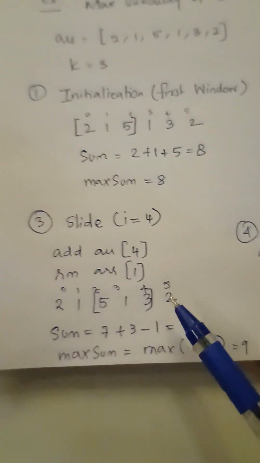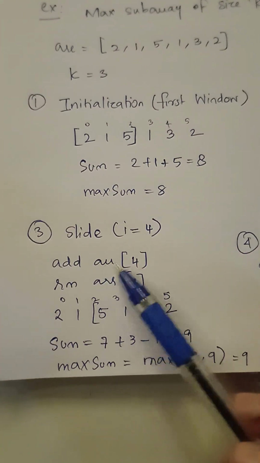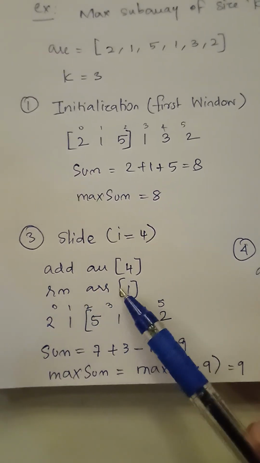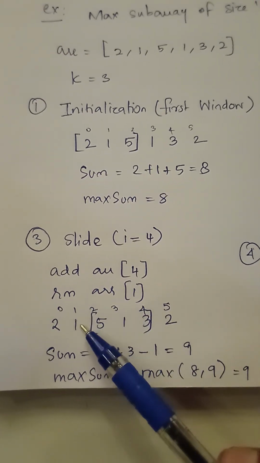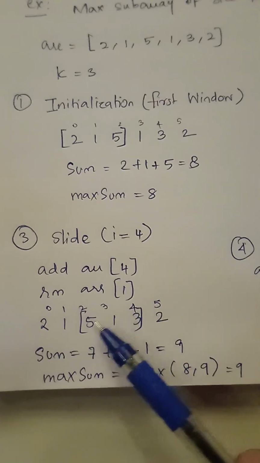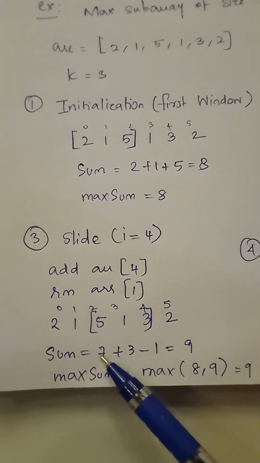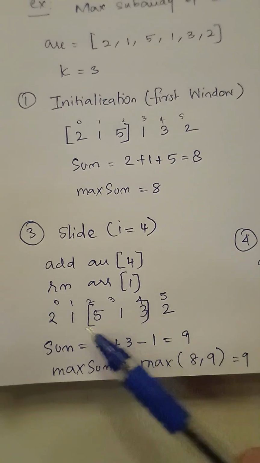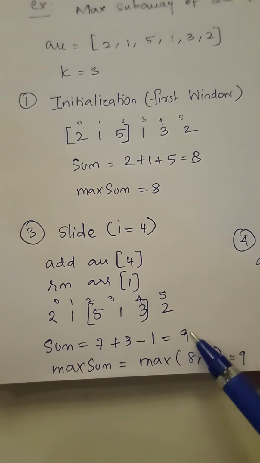So we need to add the element array of 4 at index 4, and then we need to remove the element at array of 1, right? That is exactly what we did here. So we have the previous sum 7 plus 3 minus 1, and we have 9 here.